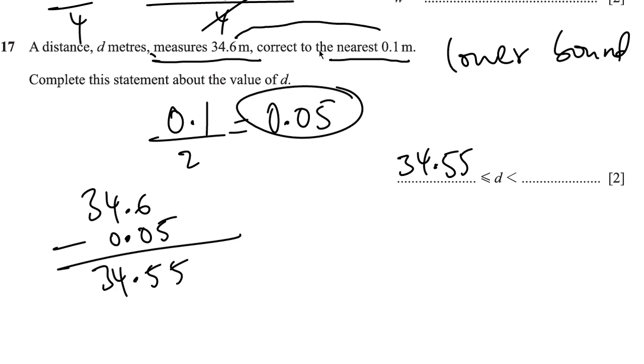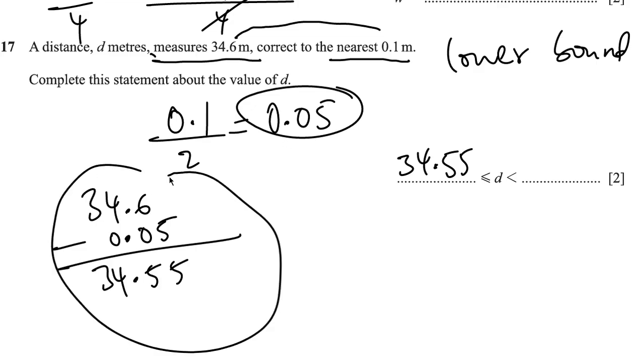So we subtracted 0.05 from 34.6, and then we add 34.6 to 0.05. Remember, we subtracted at this point, and this corresponds to the lower bound. This corresponds to the upper bound.